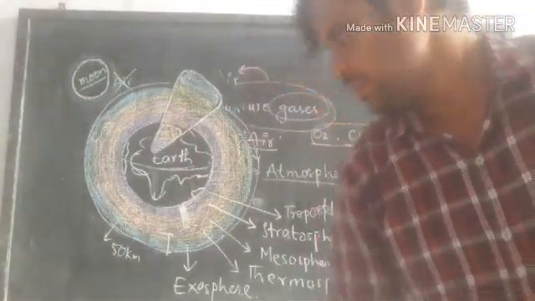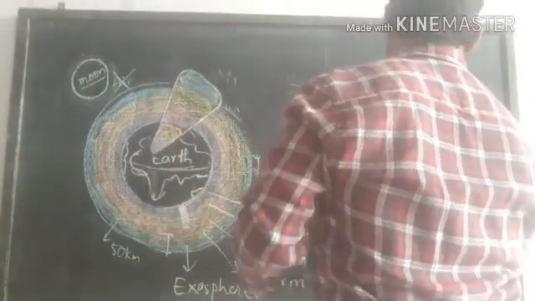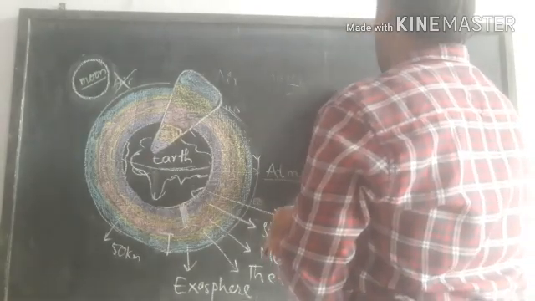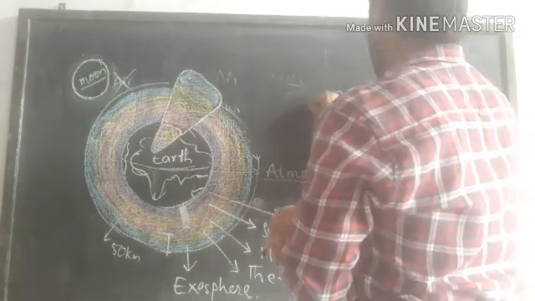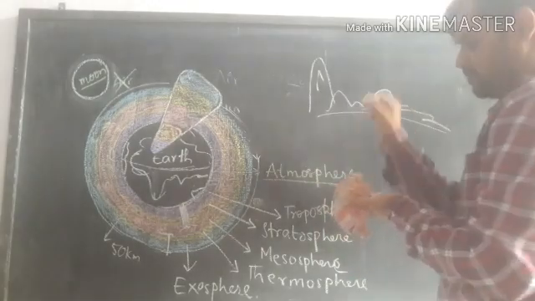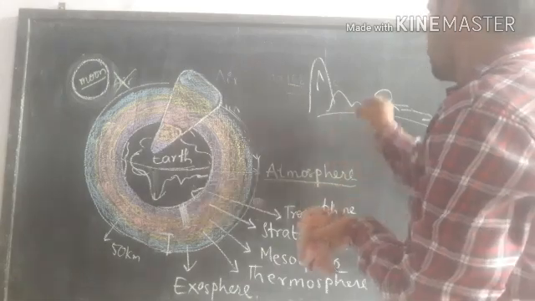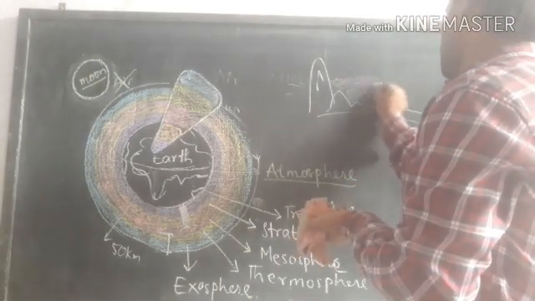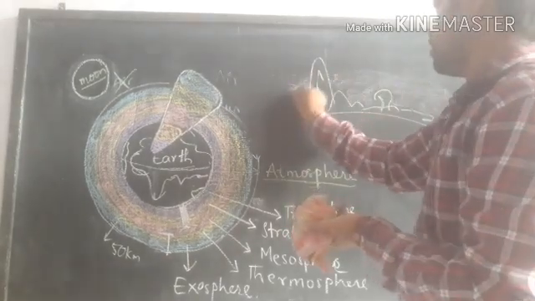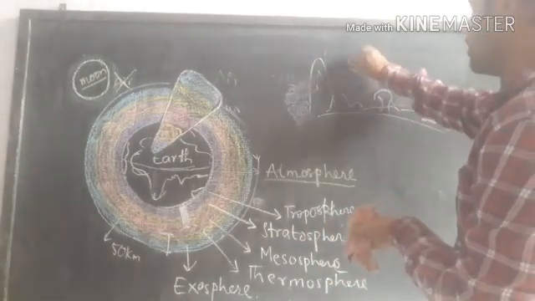First one is the troposphere. In the atmosphere, the first layer present at the earth surface is the troposphere. Imagine this is the surface of earth, with large mountains and forests. The first layer is the troposphere, which contains air and other particles, and you can notice the clouds here.